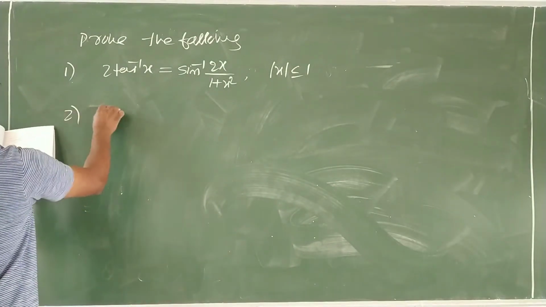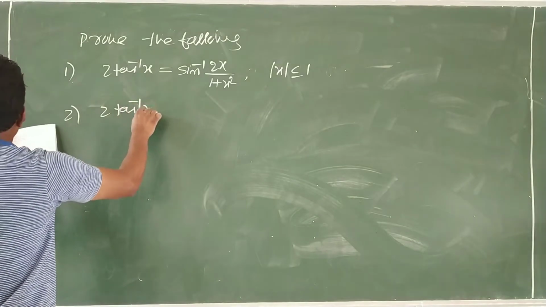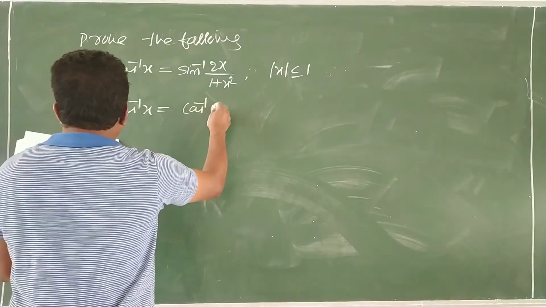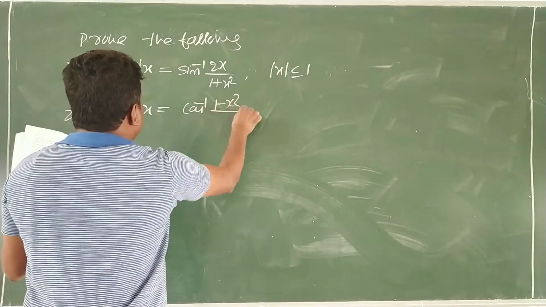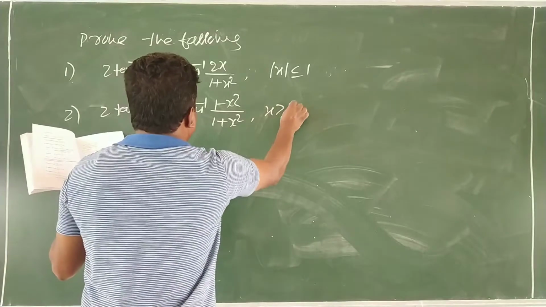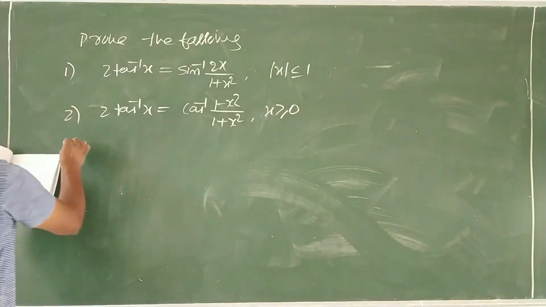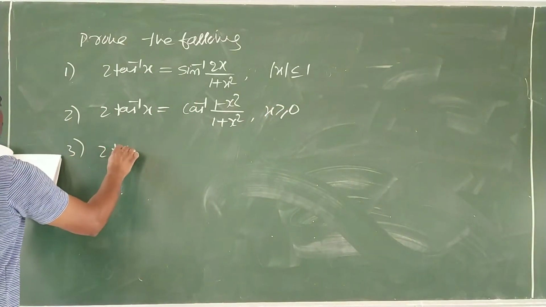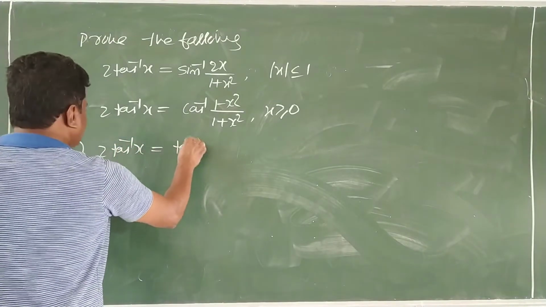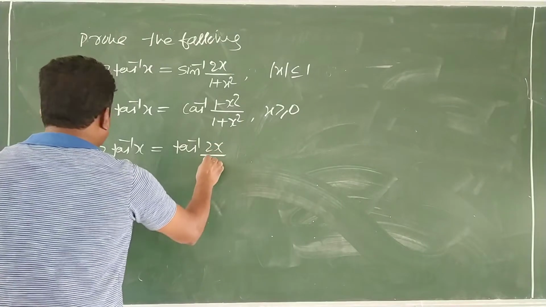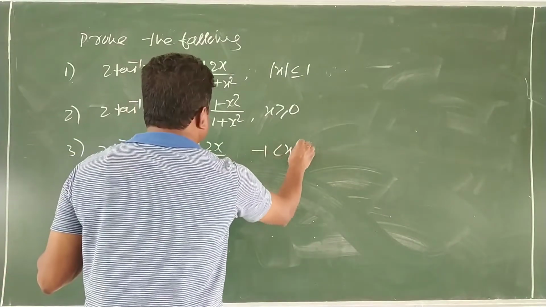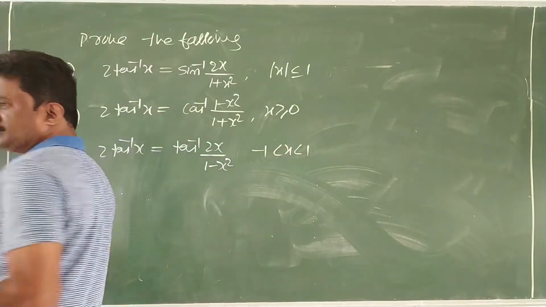Second one: 2 tan inverse x is equal to cos inverse of 1 minus x square by 1 plus x square, x is greater than or equal to 0. Third question: 2 tan inverse x equals tan inverse 2x by 1 minus x square, minus 1 less than x less than 1.